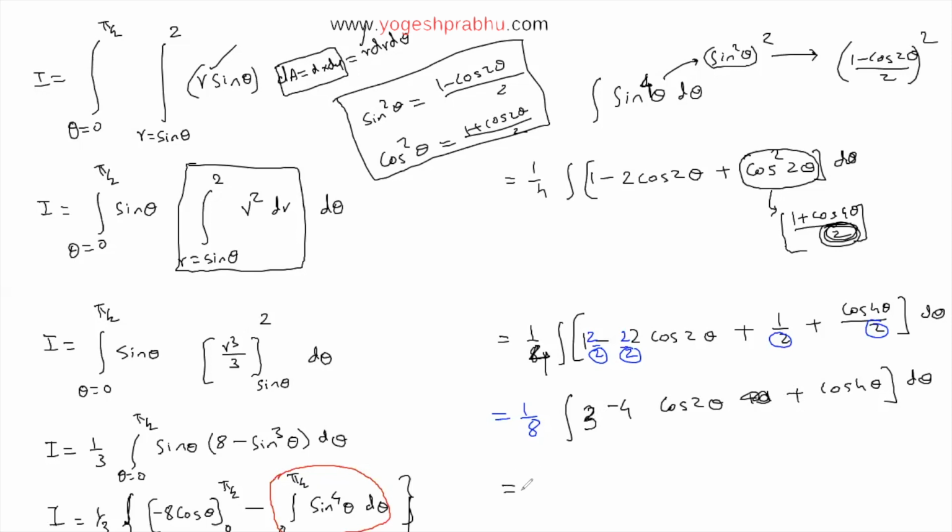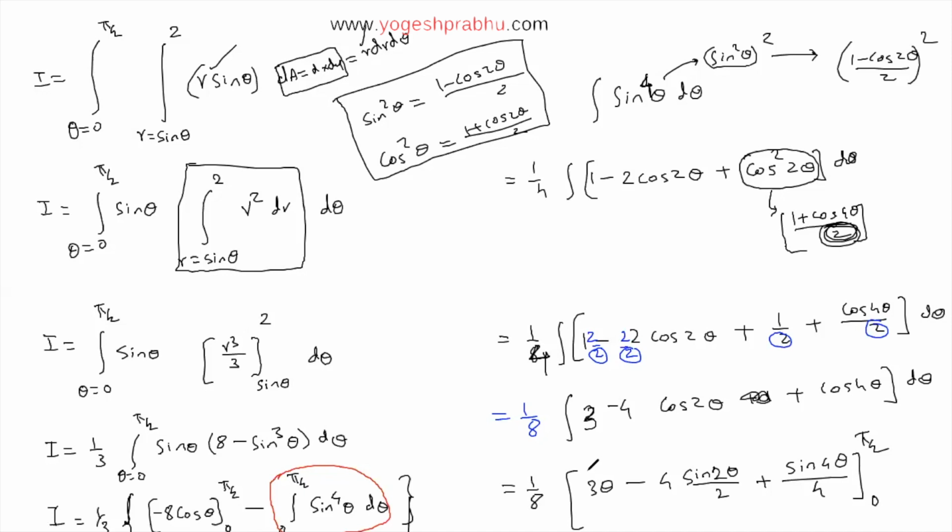Okay. Tell me integration now. 1 over 8, 3 theta minus 4 sine 2 theta over 2, plus sine 4 theta over 4. Will go from 0 to pi over 2.